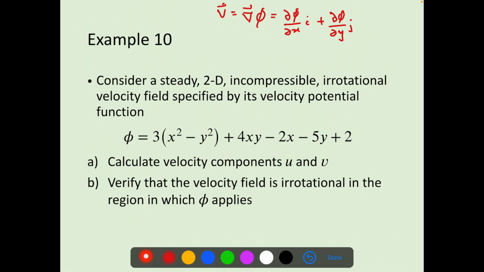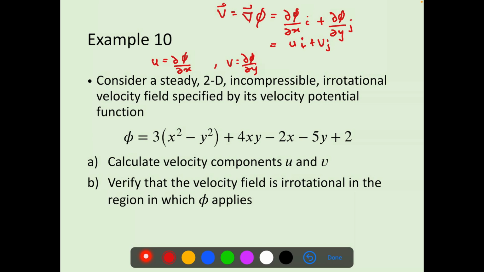Since the velocity vector V is actually u i plus v j, we equate them: u is del phi over del x and v is del phi over del y.